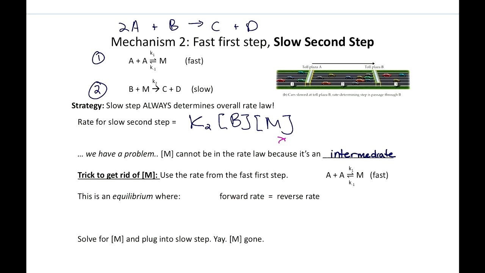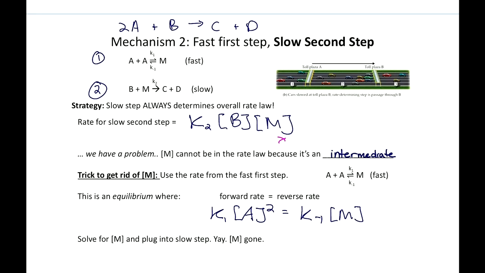So the forward rate is equal to what? K1 times A squared, which equals the reverse rate. Is it K1 again? No, it's K negative 1 now, because it might have a different rate constant for the reverse reaction, times the concentration of M, because in the reverse reaction, the product is now the reactant.